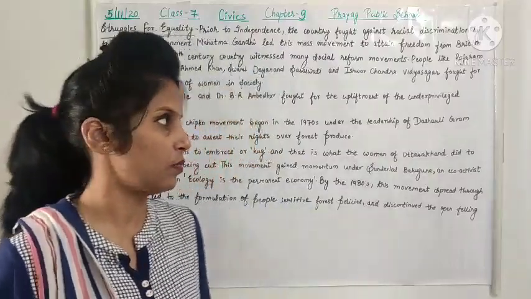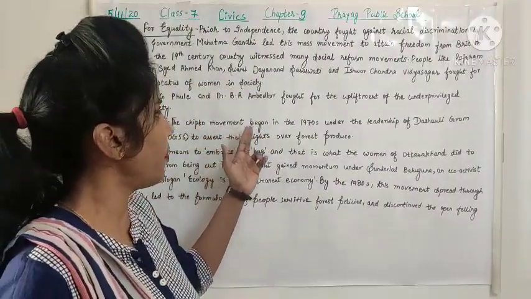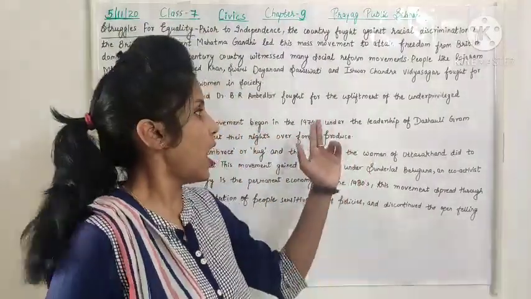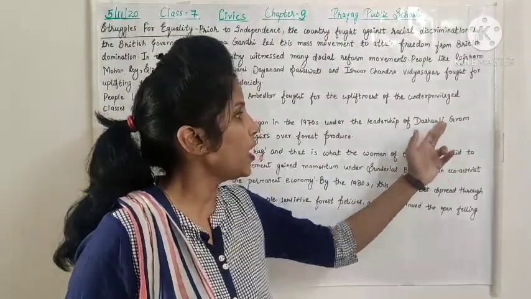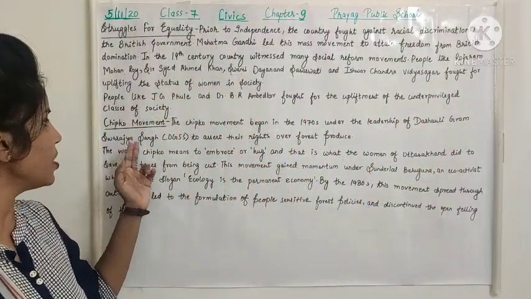Now the Chipko movement began in the 1970s under the leadership of Dasoli Gram Swaraj Sangh.